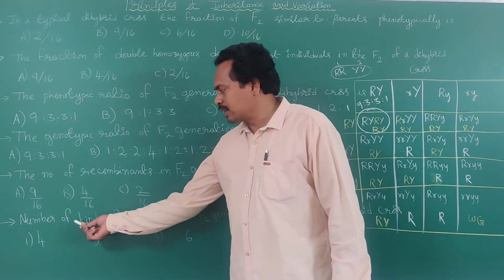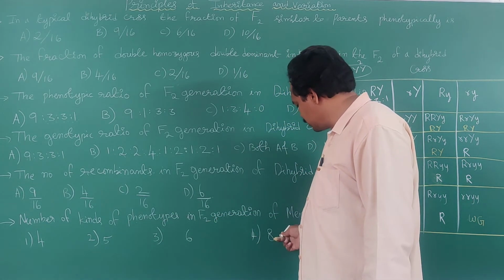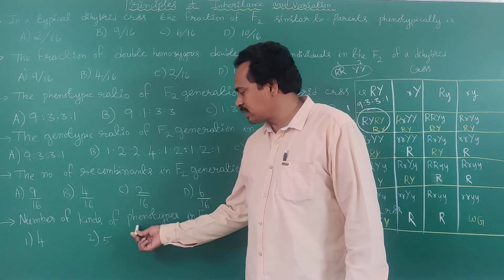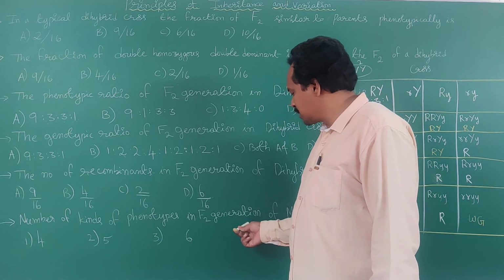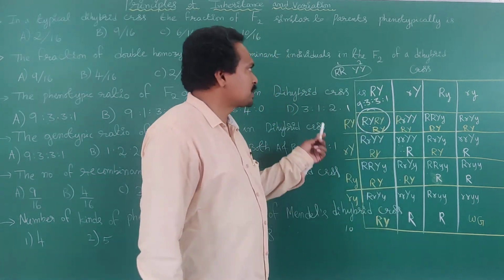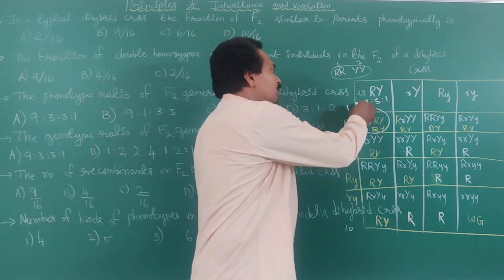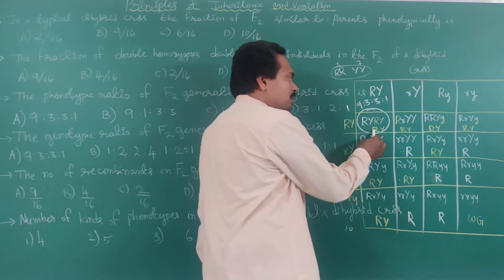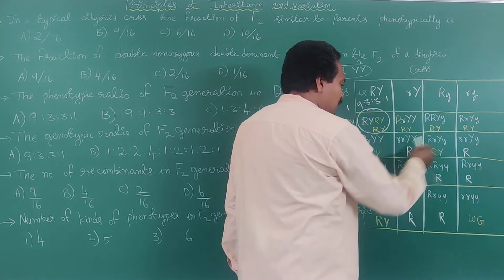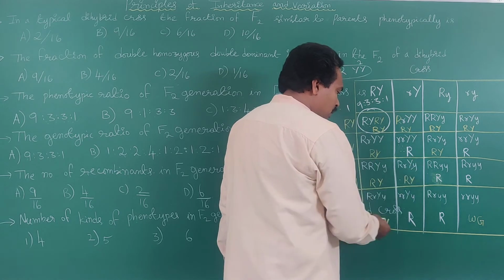Next question is the number of kinds of phenotypes in F2 generation of Mendel's dihybrid cross. How many phenotypes are there? Round yellow is one phenotype. Round yellow, repeated nine times.